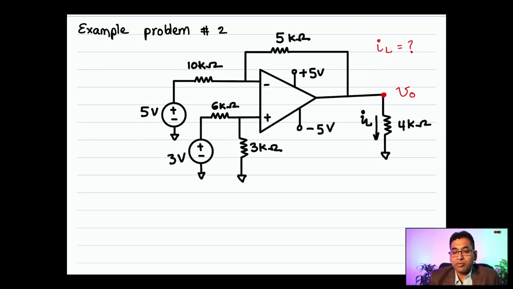If you know VO, then you should be able to apply Ohm's law to calculate IL, because you know the resistance, 4 kilo ohm. So it's a known problem. They're asking the same thing. We want to find out VO first and then get the value of IL from there. Big deal.